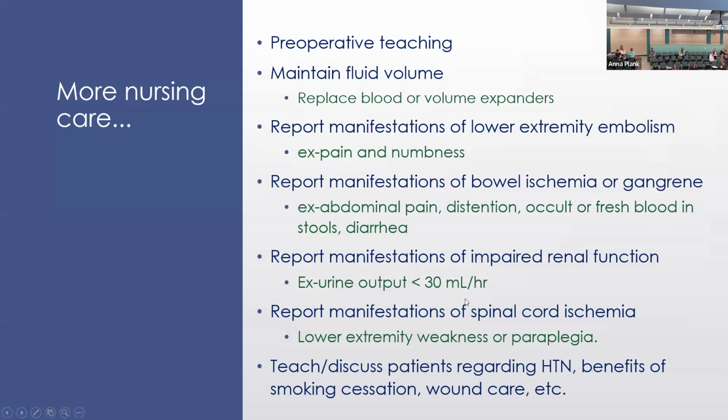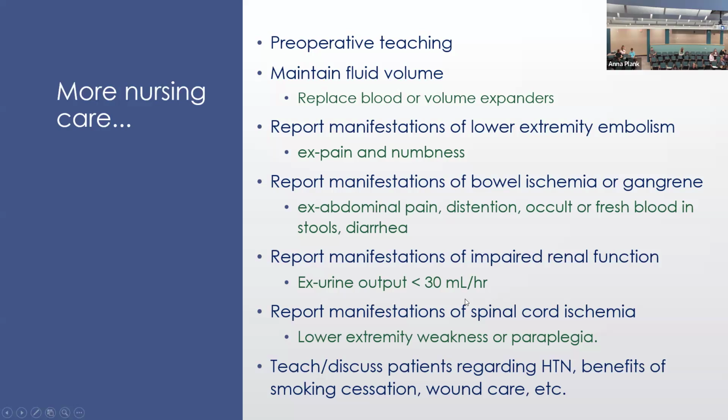And the things, again, these are very similar. Make sure that we're using our blood expanders or our fluid, right? What are our crystalloid fluids? Normal saline, lactated Ringers, right? So we wanna make sure we expand the fluid volume, or we can use our blood products. Okay, we wanna make sure we're assessing anything below that site.